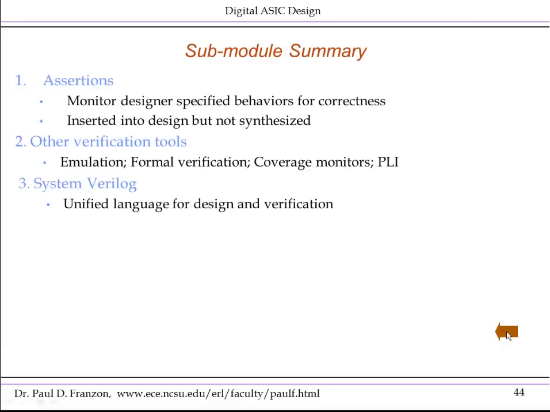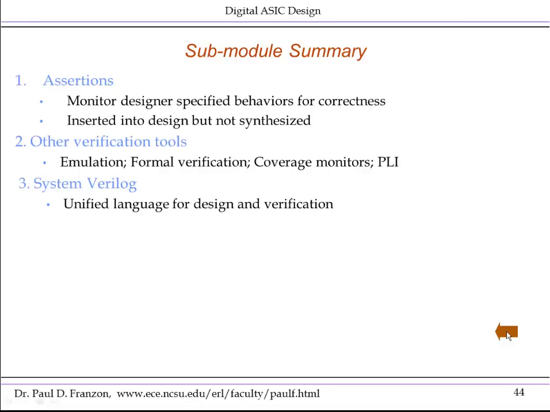So that ends this last final submodule related to verification. Some of the main things I looked at here were assertions, which you can write in Verilog 95, and they're a useful way for the designer to assert specific properties of the design that he or she expects to see to indicate the design is correct.